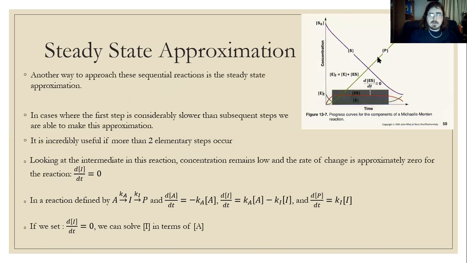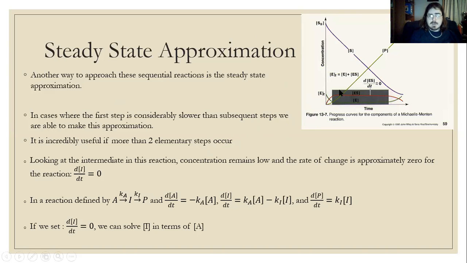So one more thing we can look at is called the steady state approximation. Another way to approach these sequential reactions is the steady state approximation. The case where the first step is considerably slower than the subsequent step, we make this approximation that the intermediate concentration essentially remains constant through the majority of the reaction.